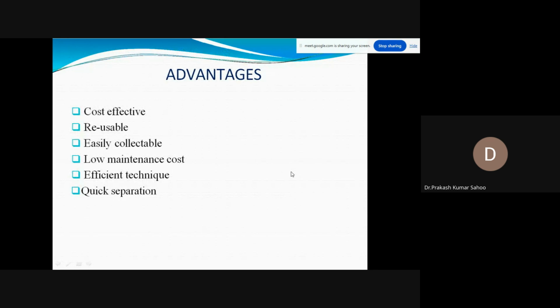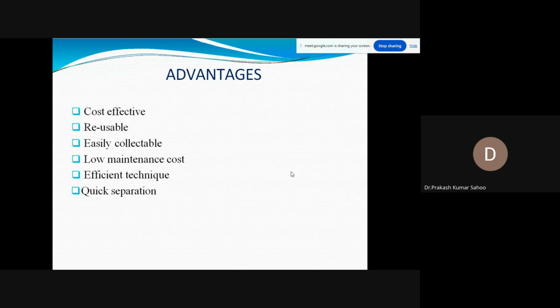Then what are the advantages of this chromatography? It is cost effective because the column preparation as well as the materials needed for the ion exchanger are very cheap. It can be reused after thorough washing.